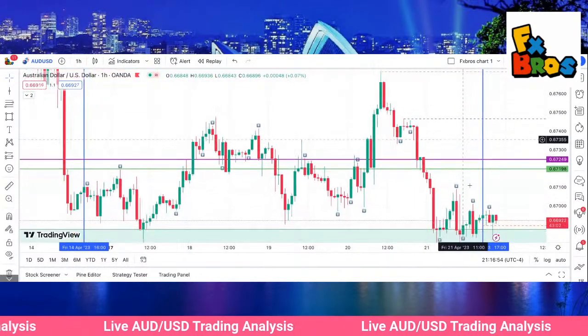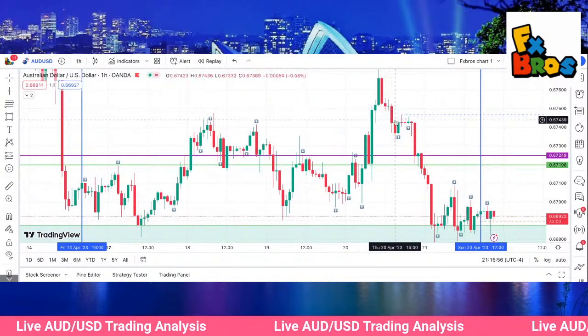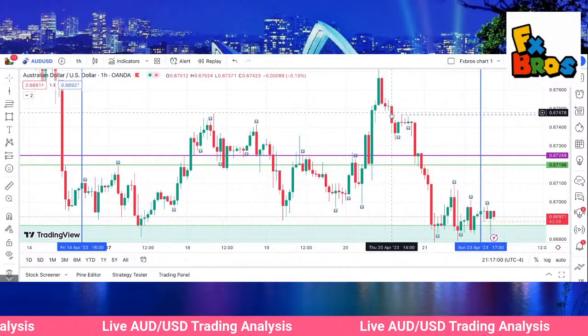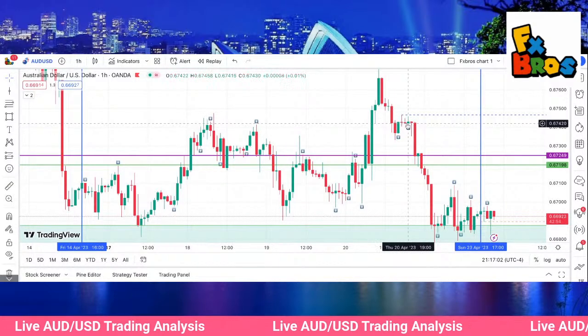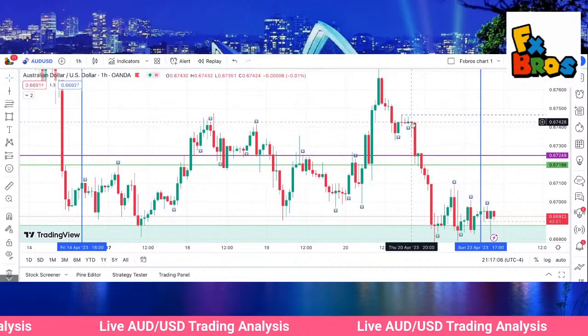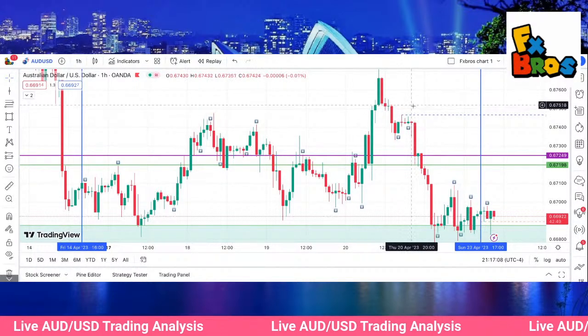And then going into the evening, we had some volume pushing the market. We started to get consolidation like we always do around the Asian session, and then later on into the evening, 8, 9 o'clock, we get more selling.